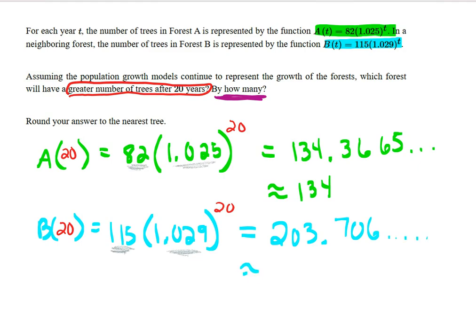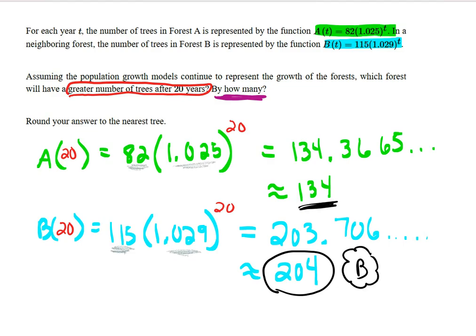So to the nearest tree, we're looking at 203.7, which would be 204 trees. So obviously B, 204 is bigger than 134. So the first answer you would pick, it's a little drop down box, so you'll choose B.